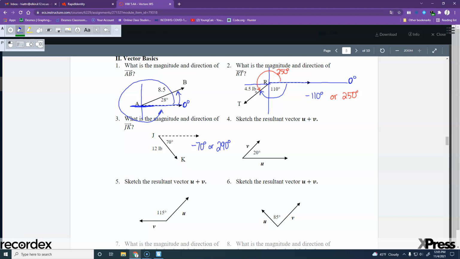Okay, questions? All right, let's look at this resultant vector for this one. I'm going to use the parallelogram method just because I find students tend to do a little bit better with that. So the way these are drawn right here, I need to make a parallelogram. A parallelogram is only a rectangle if you have a right angle. We don't have a right angle here.